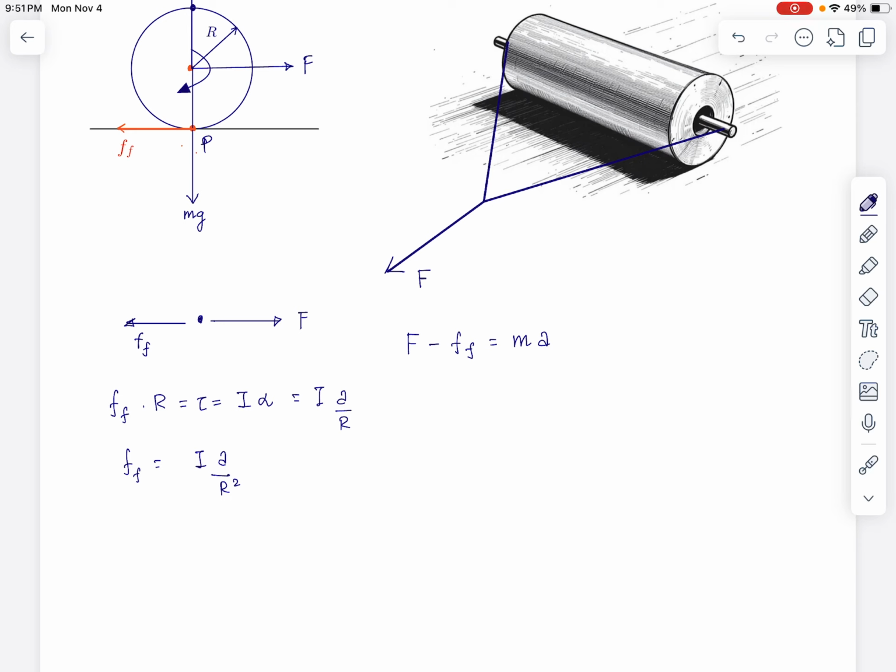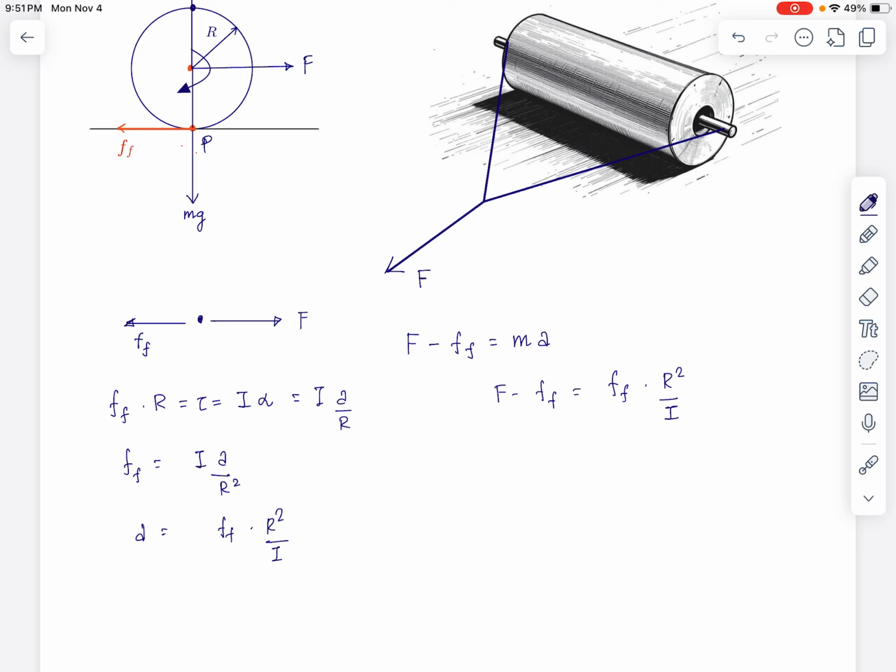So a equals frictional force times r squared divided by I. Now we plug this value of a into the net force equation, and we have F minus the frictional force equals frictional force times r squared divided by I.